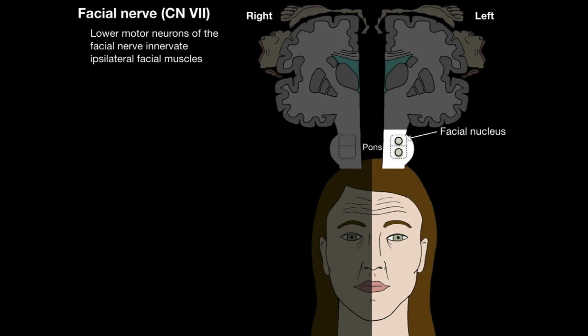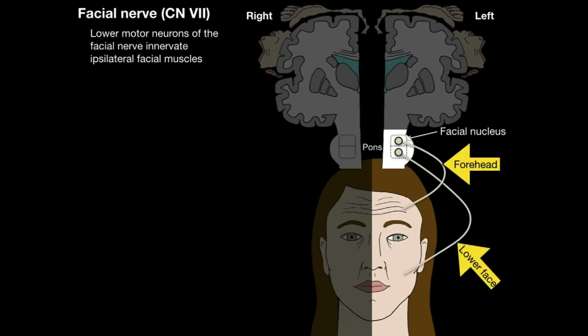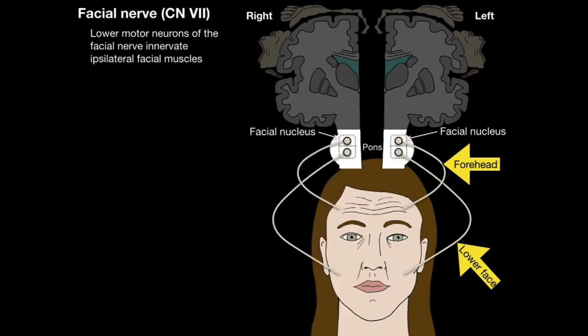And the facial nucleus, as all nuclei, is a collection of cell bodies. Some of those cell bodies give rise to lower motor neurons that innervate the forehead muscles, and some lower motor neurons give rise to axons that innervate muscles of the lower face, like this. And this occurs bilaterally. In other words, lower motor neurons of the facial nerve innervate ipsilateral facial muscles.